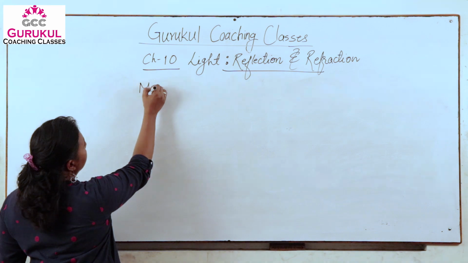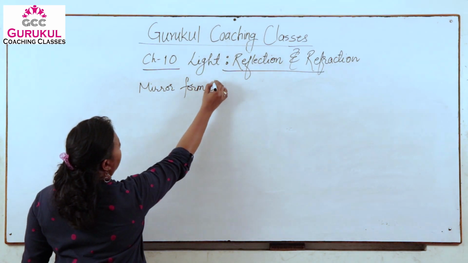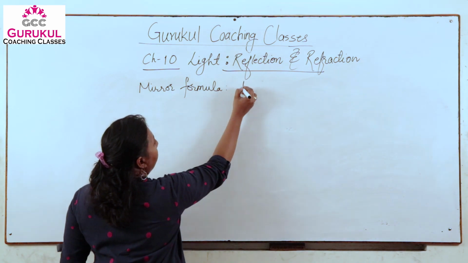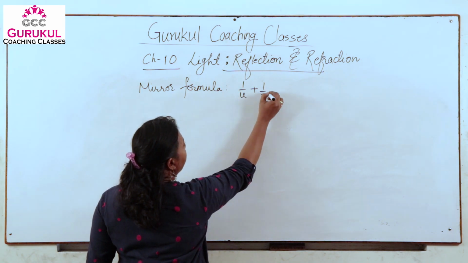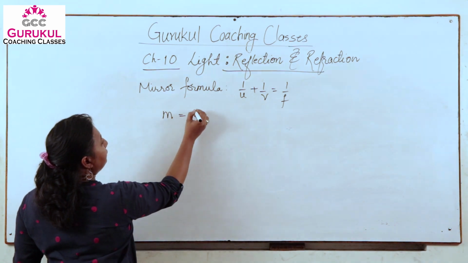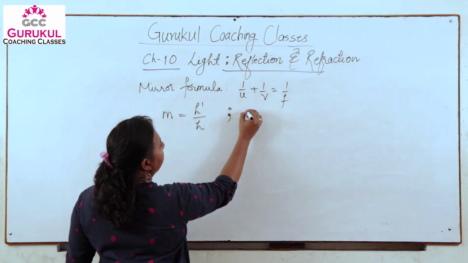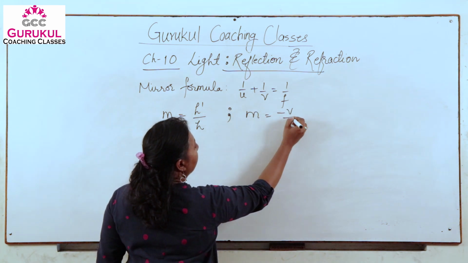Mirror formula is 1 by u plus 1 by v is equal to 1 by f. Magnification is equal to h dash upon h, and it is also given by m is equal to minus v by u.